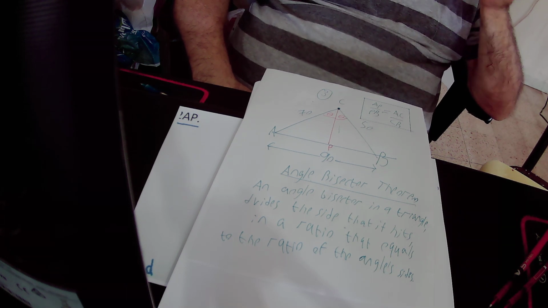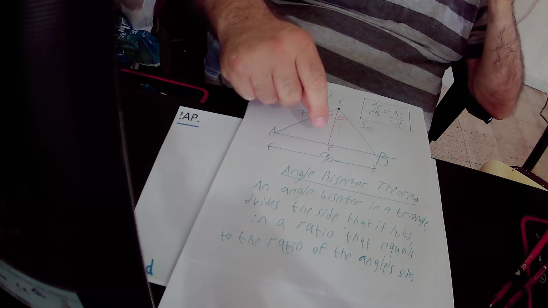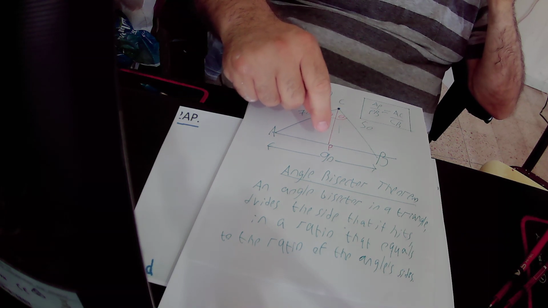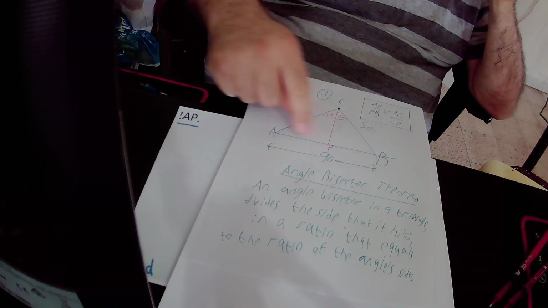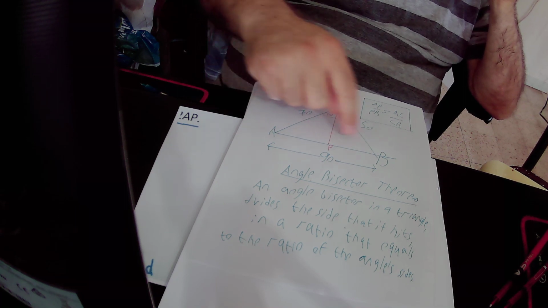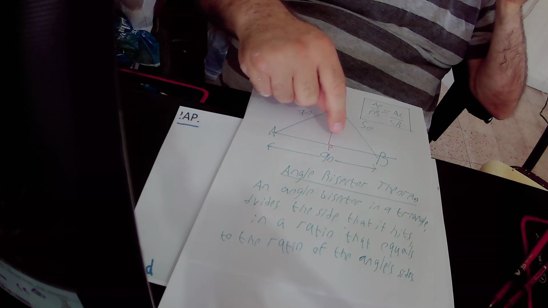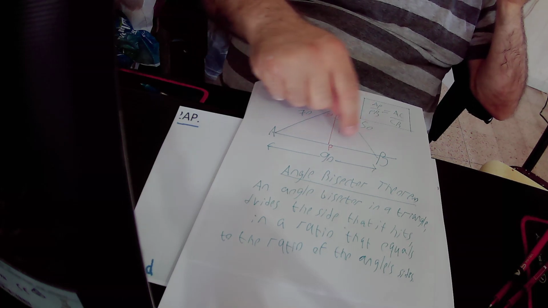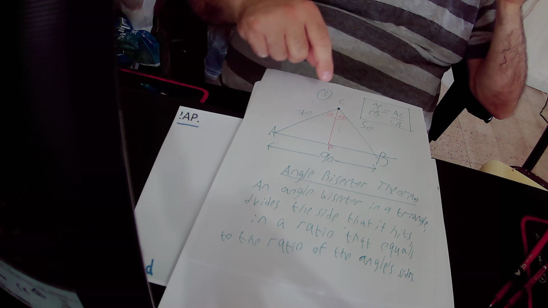The angle bisector CP in triangle ABC divides side AB into two parts, AP and PB, and the ratio between those two parts, AP over PB, equals the ratio of the angle sides.